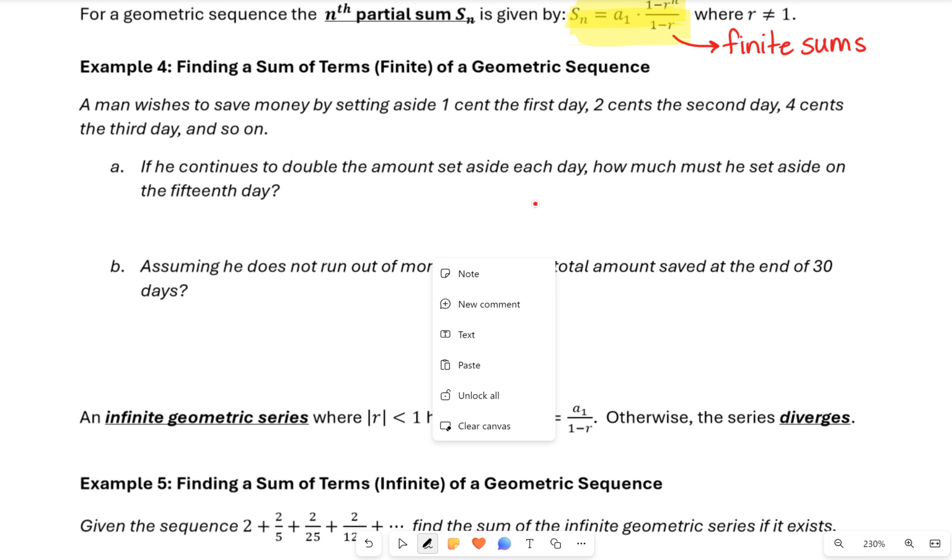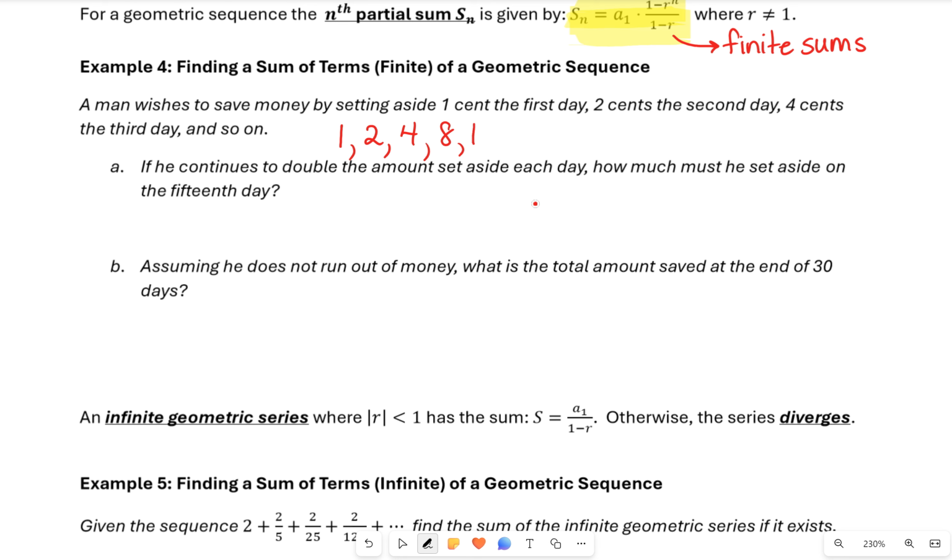Well, we started with a visual. 1 cent, put in a jar. 2 cents were put in a jar. 4 cents were put in a jar. And they just kept going like that, right? On and on. That's the list, all right? So what's going to happen if he doubles the amount every single time, like we're showing in that sequence of numbers? How much will he have to set aside for the 15th day?